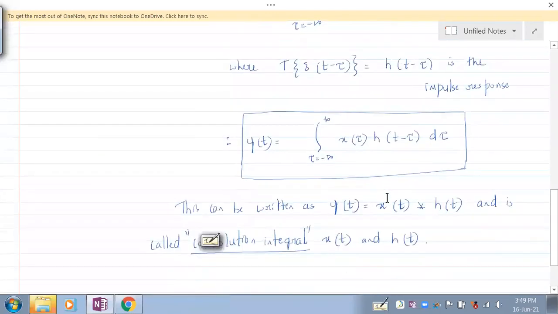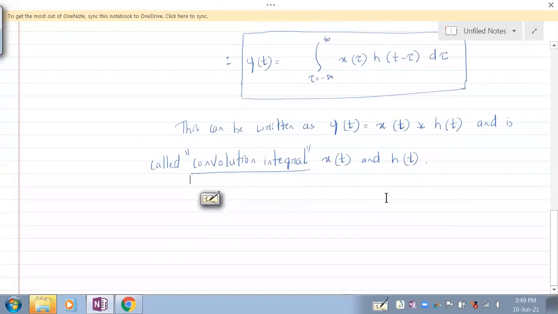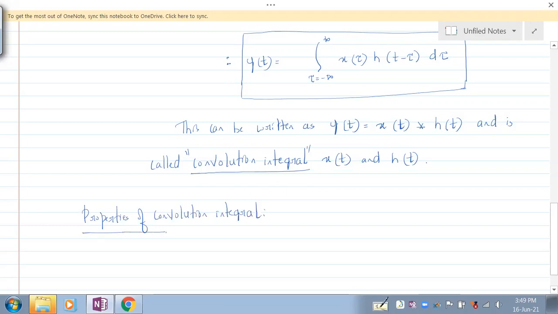Now similar to the convolution sum, in convolution integral also we have properties. What was the first property in the properties of convolution sum?